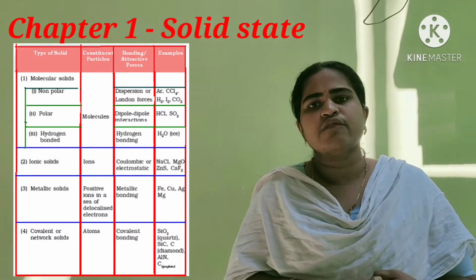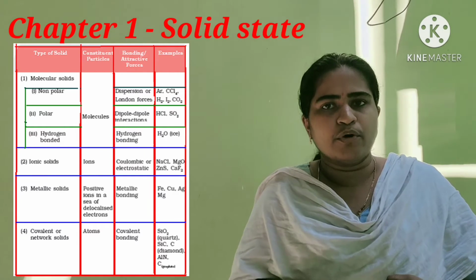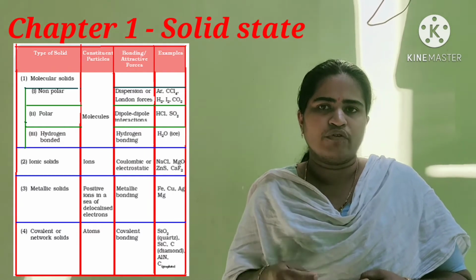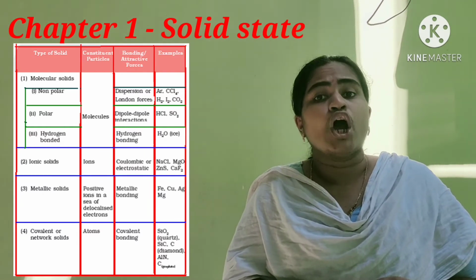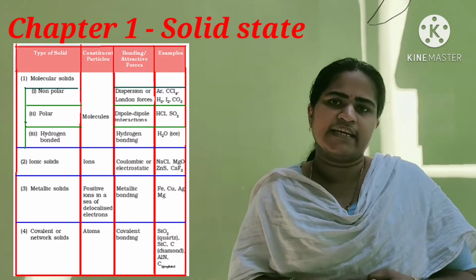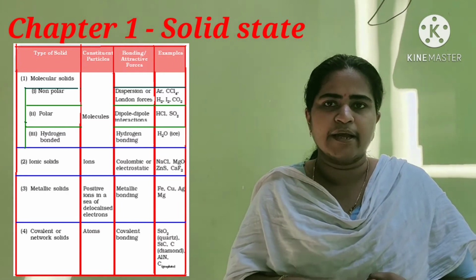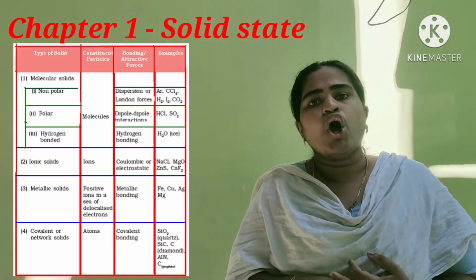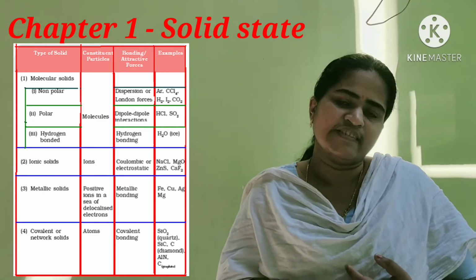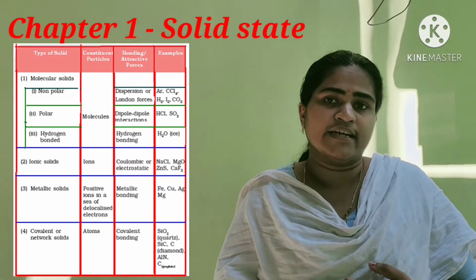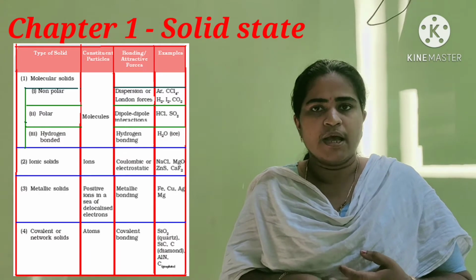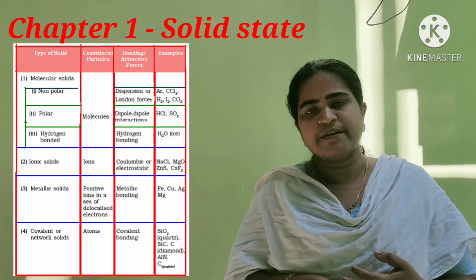Here, the force of attraction is covalent bond, and the molecules of non-metals come under this category. Example, quartz, diamond, graphite. All the covalent solids are non-conductors of electricity except graphite because of its structural speciality.